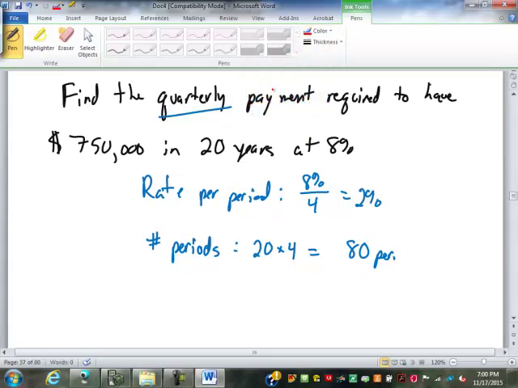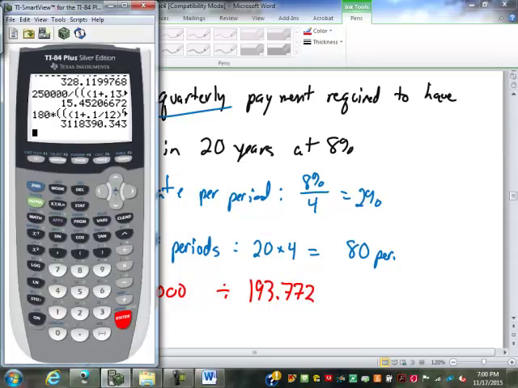So in the table, 2% and 80 periods gives me 193.772. So instead of multiplying, I'm going to take my 750,000 divided by 193.772.